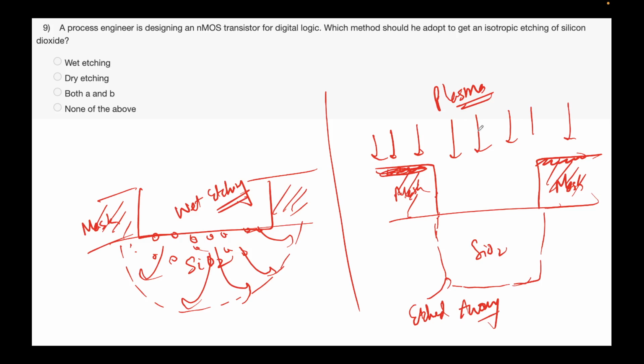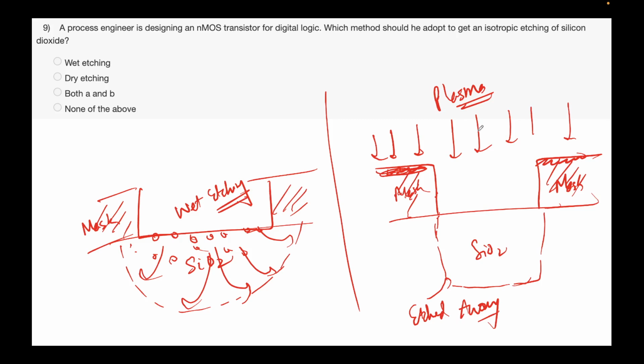So it will happen like this. Whatever the byproducts are, they are simply evacuated, because this is happening in a vacuum chamber. So if you want isotropic etching, you go for wet etch. Right. So for the last problem for today, and this course rather, what does sub-nanometer technology represent in silicon?